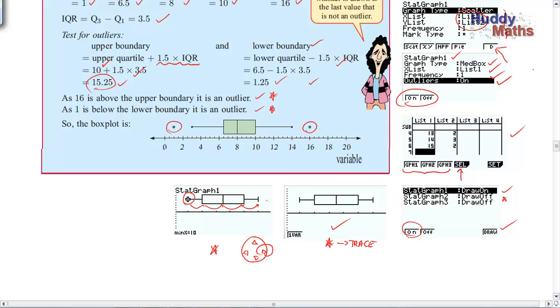In other words, sometimes if you're going to draw a graph and you want a 5-number summary, it might be better to just go through the whole process here, into list 1, draw the graph, and pluck your 5-number summary from tracing. Or once you've drawn the box plot, you can hit 1 there, and you get that calculator window, N, min, X, etc.